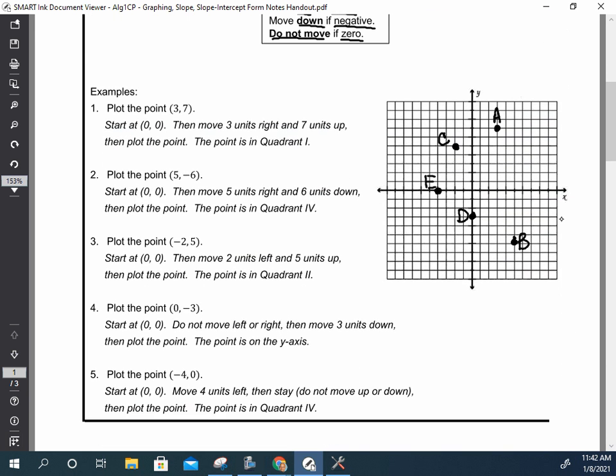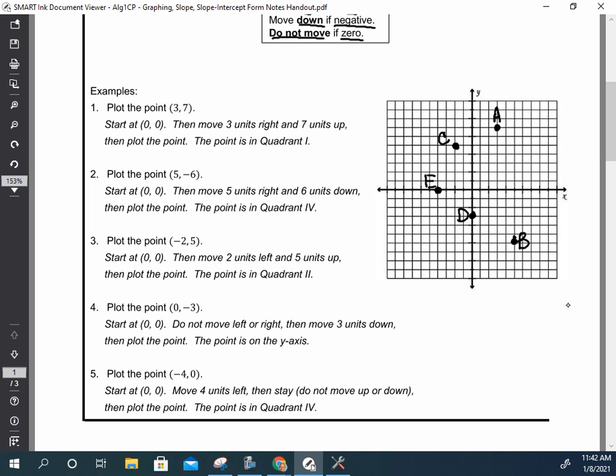All right. So these examples for graphing, they're already done for you, so you do not have to copy them. Those of you who printed out the worksheet, it's already there for you.